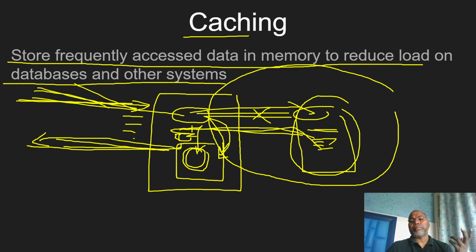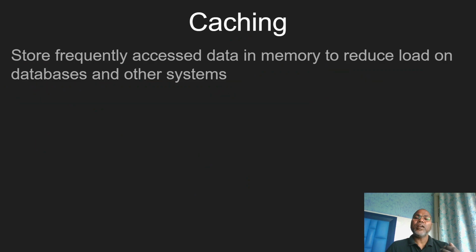So you can say we store frequently accessed data in memory to reduce load on the database and other subsystems. This helps our system handle increased traffic, because our server frequently responds with ready data and is ready to read more and more requests. So our systems can handle more requests and respond quickly.